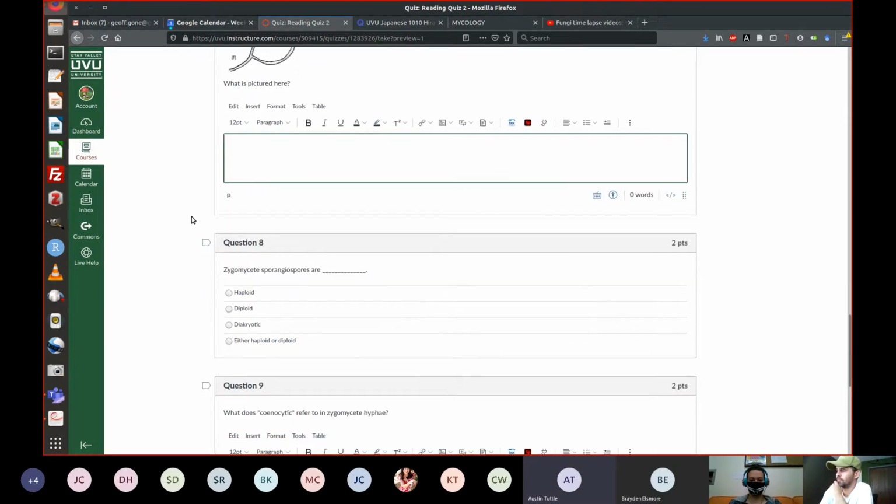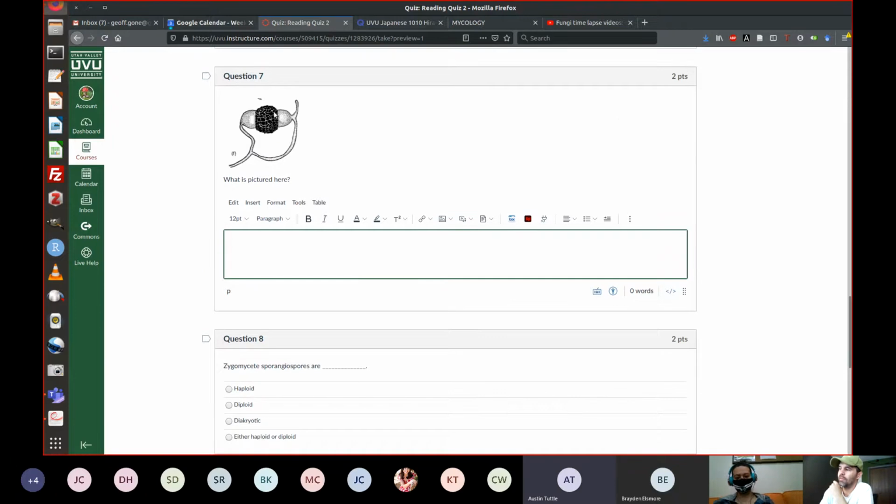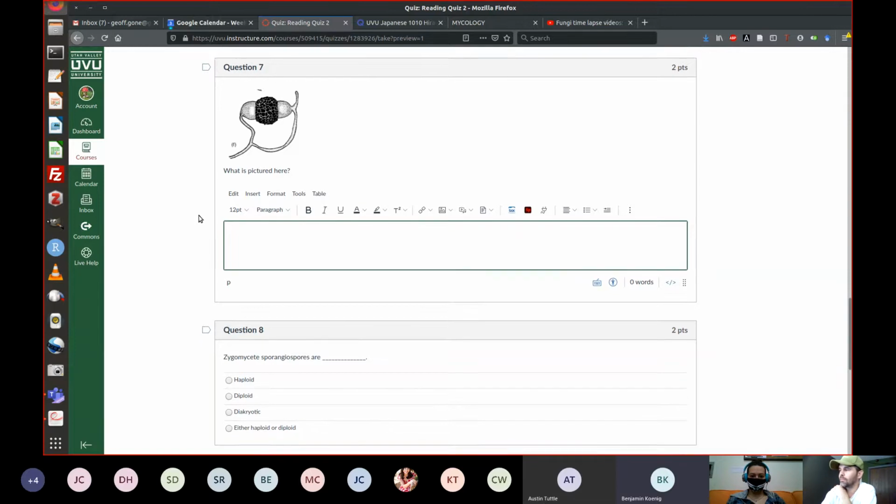But technically it's a zygospore. It's a zygospore on suspensors. Oh, okay, so it's just a single spore. I think in the book it actually labels it as zygosporangium under the picture. But I also put the zygospore as well. So yeah, I'll take it. It's fine.